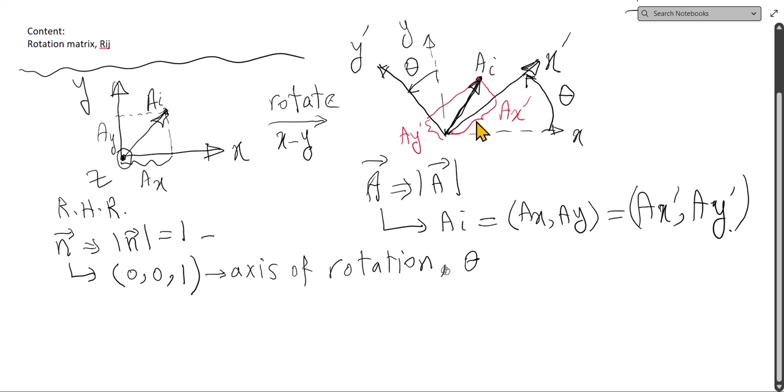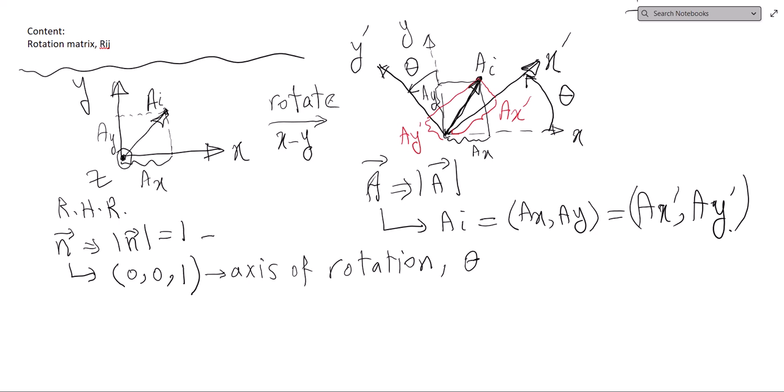Now, what are these components? How do we calculate these components? One can say, okay, I follow the geometry here because these two are the same, theta, and then I can quickly calculate this length with reference to the length which is here. I don't want to crowd it, but let's say this is your Ax, and this is your Ay.